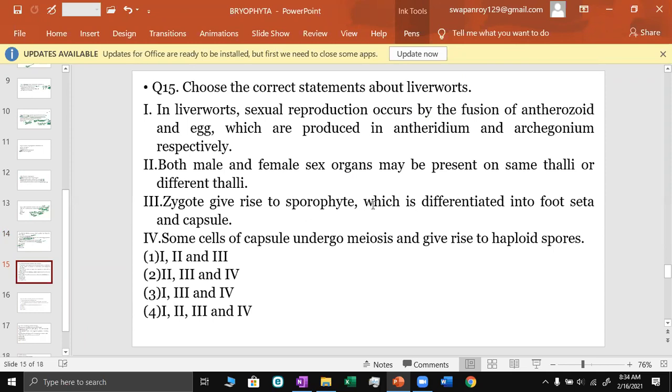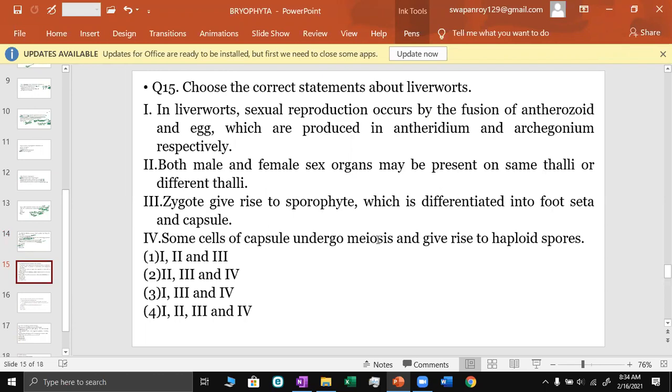Come to number 15. This one is also like that. Go through the options; there are four statements. In liverwort, sexual reproduction occurs by the fusion of antherozoids and eggs, which are produced in antheridium and archegonium respectively. Both male and female sex organs may be present on the same thalli or different thalli. Zygote gives rise to a sporophyte, which is differentiated into foot, seta, and capsule.